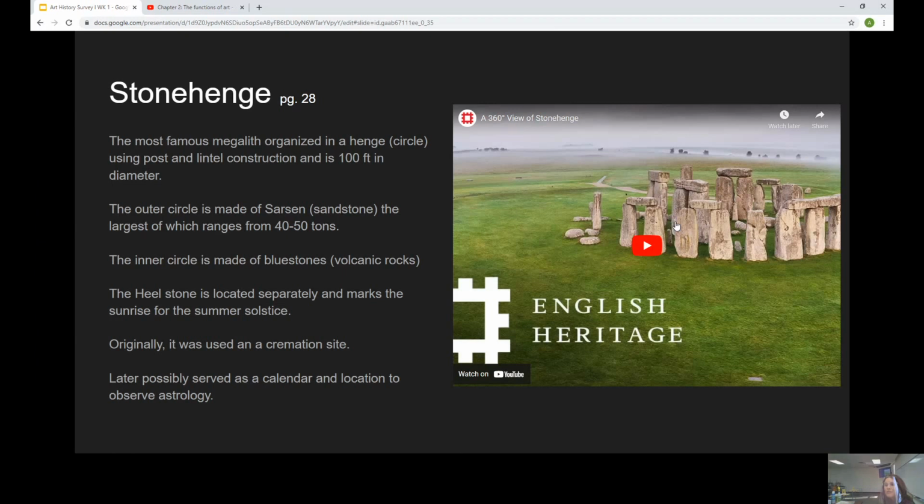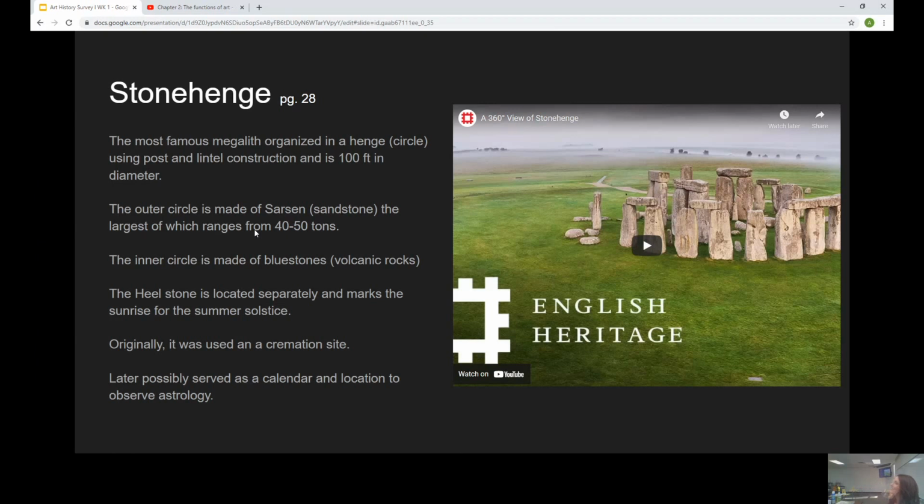These large stones in the outer circle range from 40 to 50 tons. And how they would move these is you would get thick trees, cut them, remove all of the branches, and create a roller system of trees to push the stones on. So that's how they did this, rolled them.